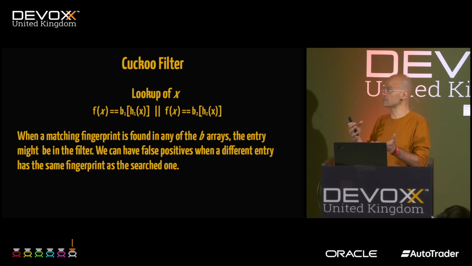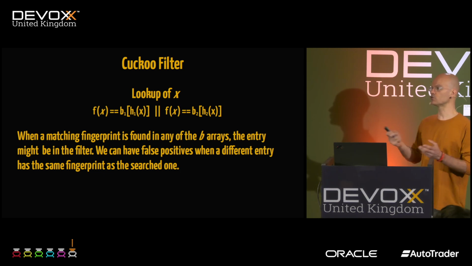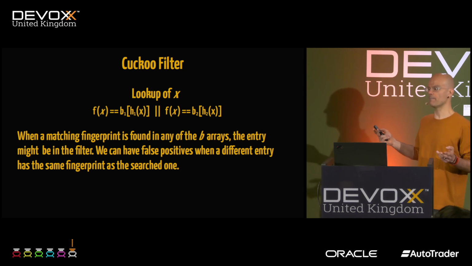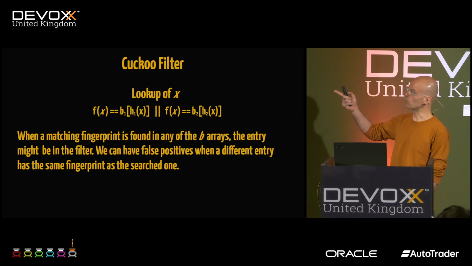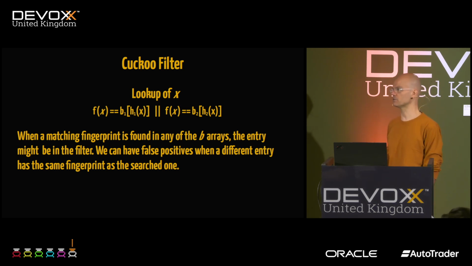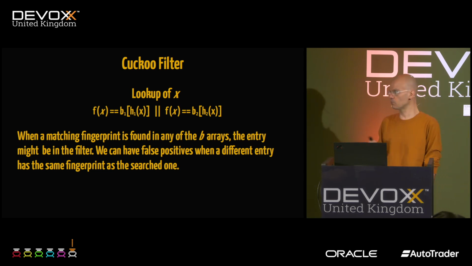And so, of course, since it's a reduced size, we might have collisions. Two different elements might have the same fingerprint. In this case, if the lookup says that the fingerprint is matching, maybe it's not, because there's a collision. And in this case, we have a false positive, like in the Bloom filter case. But we know that this can happen, and so we don't worry about that.